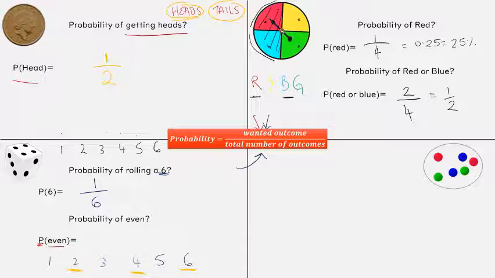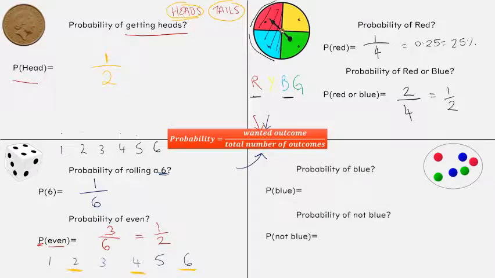That's going to be all the even numbers underlined. There's 3 of them. And how many total outcomes are there? 6. So you could leave it like that, or you could say that's half, 50-50, whether it hits even or odd.